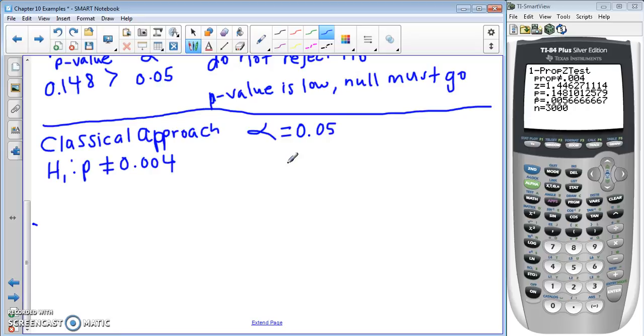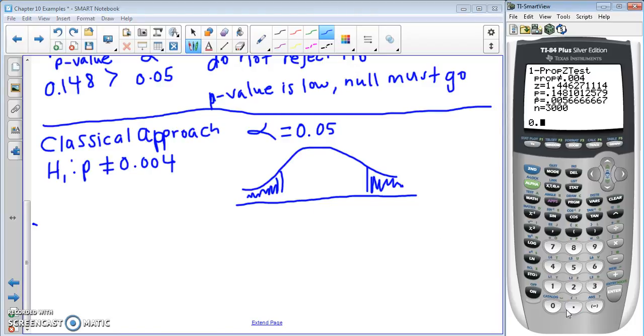Alpha tells you what's in the critical regions. This is a two-tailed test. It tells us we have two critical regions. So these are our critical regions. What I shaded here is our critical regions. Alpha is split between those two regions.